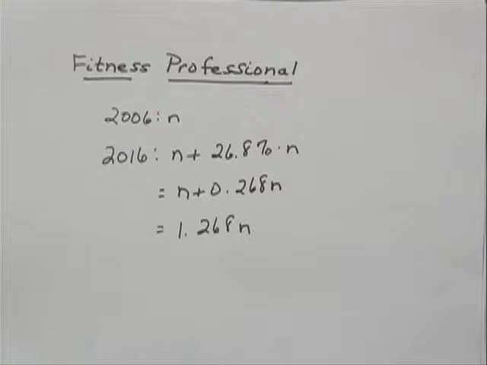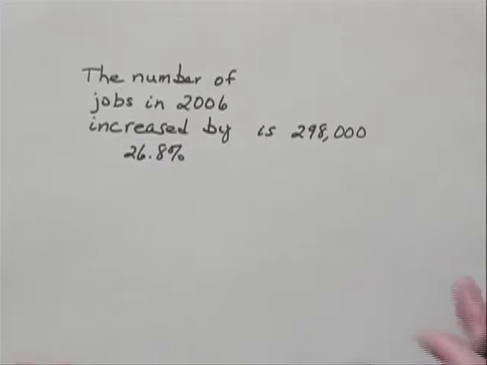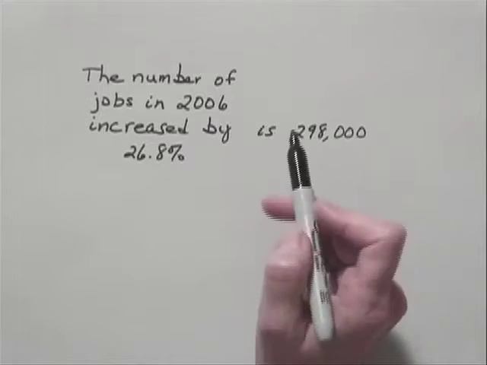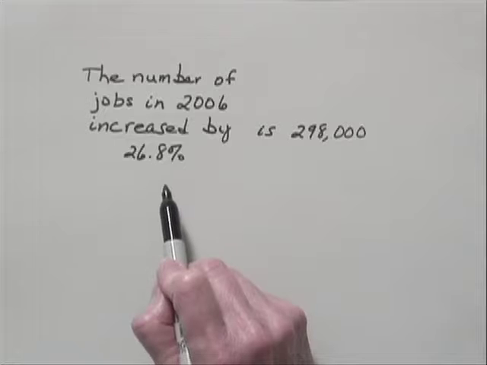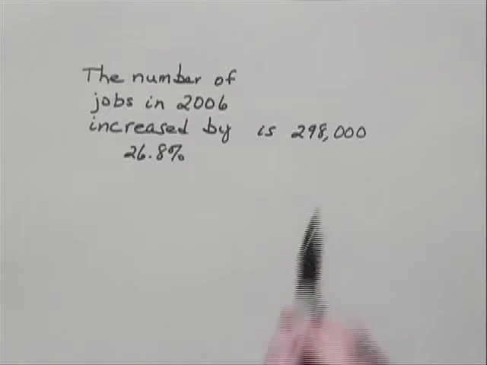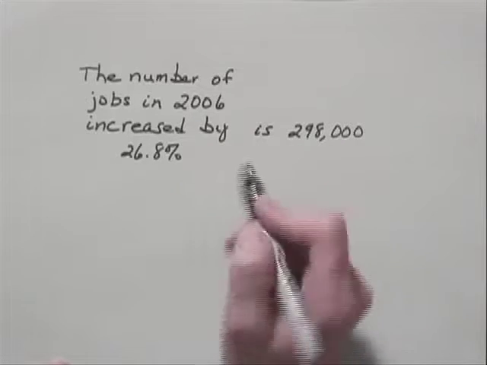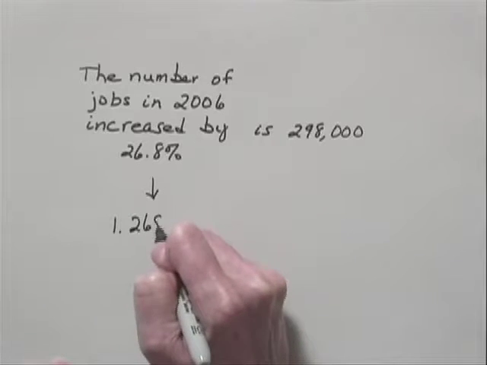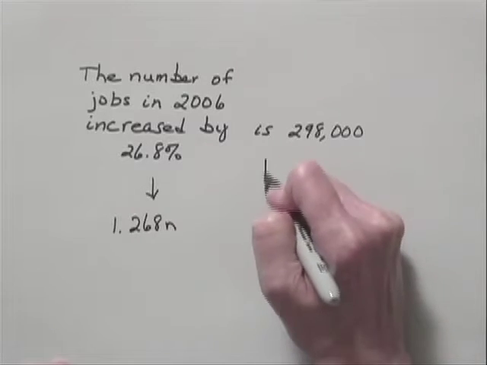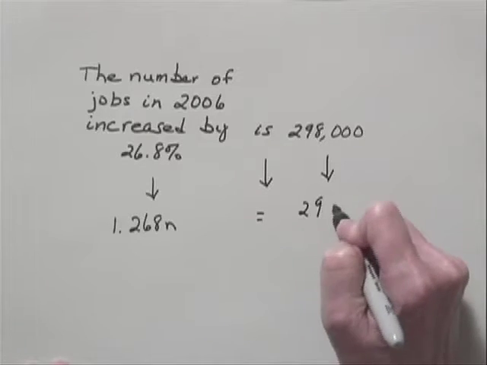Now, in order to find N, we'll solve an equation. The equation that we want to solve will say this. The number of jobs in 2006 increased by 26.8% is 298,000. This is the number of jobs in 2016. And we just said that this number was 1.268 times N, and that is 298,000.